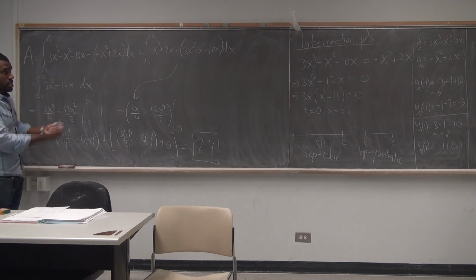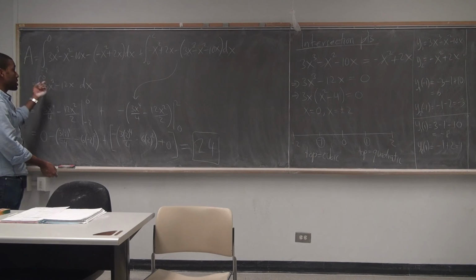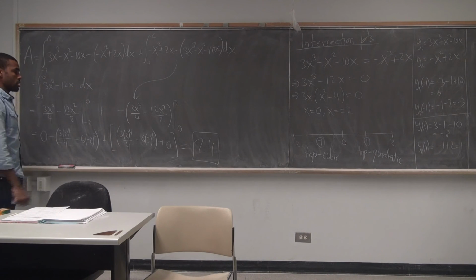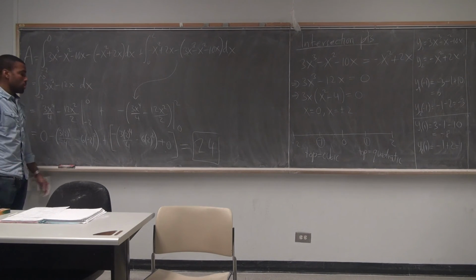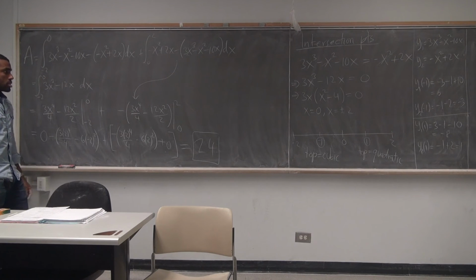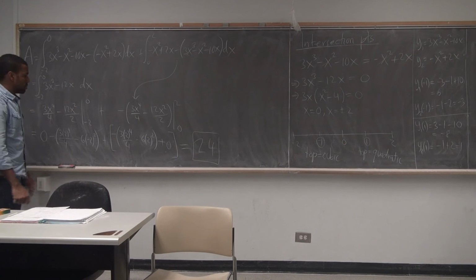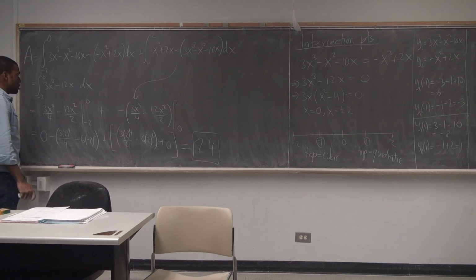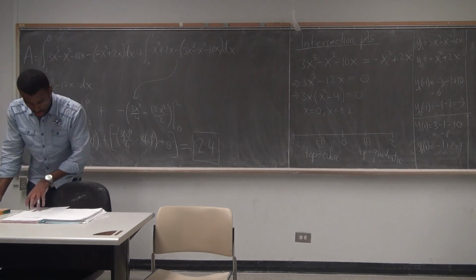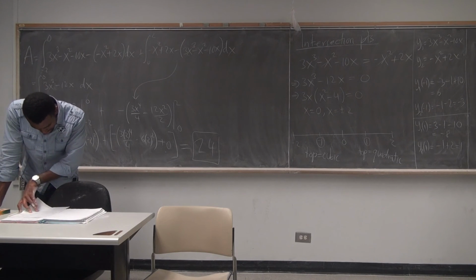The limits come from either the intersection points or the intersection points and another interval that you may be given. But that's kind of all there is to areas. It can get a bit more complicated, but we're not going to do the more complicated version.